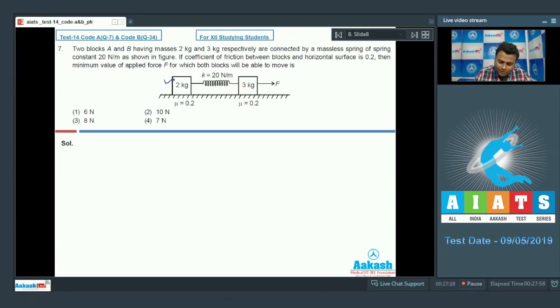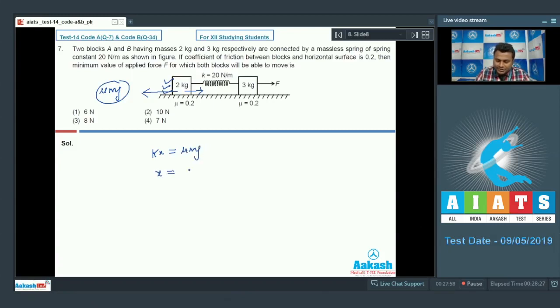Now I want you guys to focus on this 2 kg block. The forces acting on it, means when we apply the force, it will move due to this spring force. So the maximum value of friction across it will be in left direction, that is mu m into g, and this kx should be greater than or equal to mu mg.